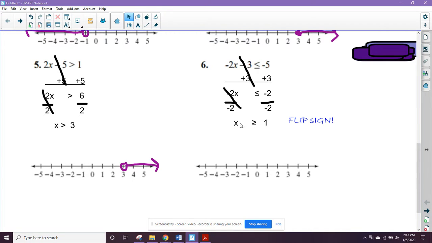So we have to graph x is greater than or equal to 1. We go down and graph 1, and it is an equal to, so it is a solid circle, and we are graphing to the right. And that is how we solve two-step inequalities.